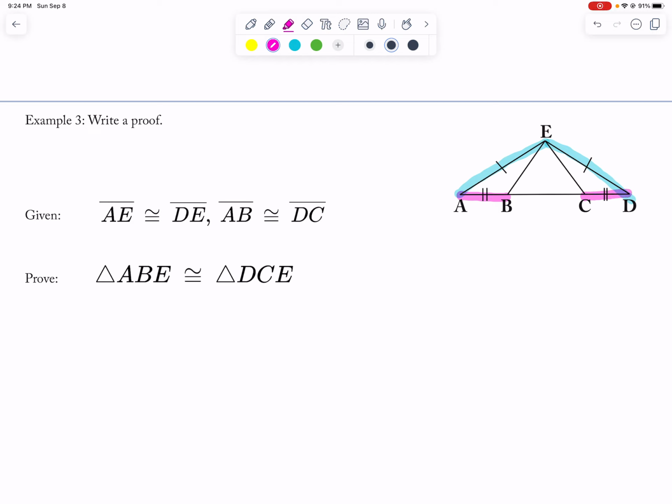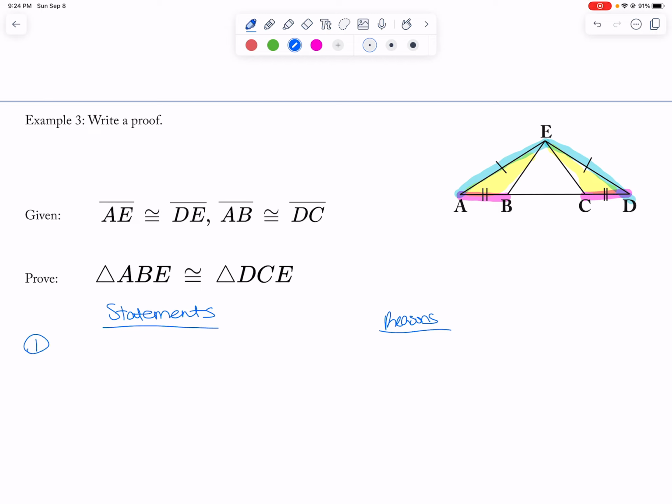So I want to prove triangle ABE is congruent to triangle DCE. I do this so that I can see what I'm trying to get to. Especially if proofs are hard for you, that's what I would do.